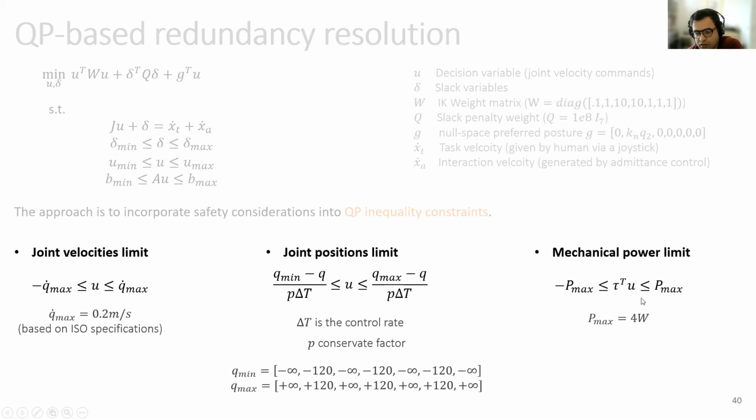Also we can limit the power of the robot. This value we picked experimentally, because for many of these things I try to follow the ISO specification. The ISO specification for the power is around 40 watts for the robot.